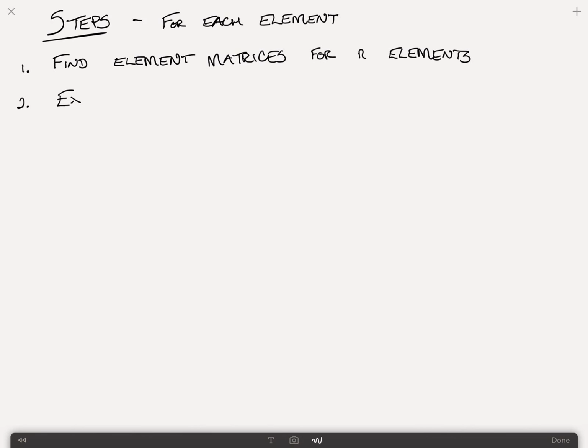So expand the element matrix to global size and correctly place it. Might not be the best description in English of it, but I think you know what I mean, having gone through it. You create a big matrix and you place the element matrix within it.